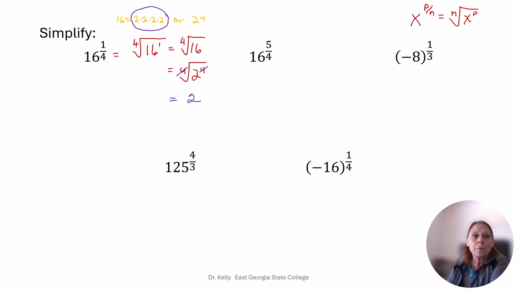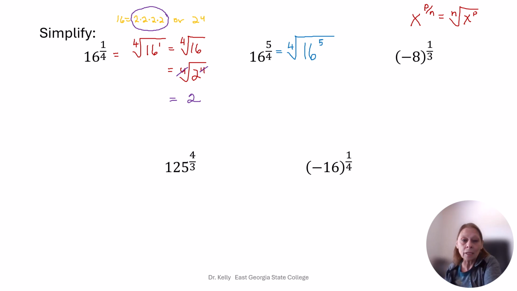Let's look here. 16 to the 5/4 power. All right, so let's write this out. So we have the 4th root of 16 to the 5th power. Now, I don't know that you want to write out all those 2's and start doing it.